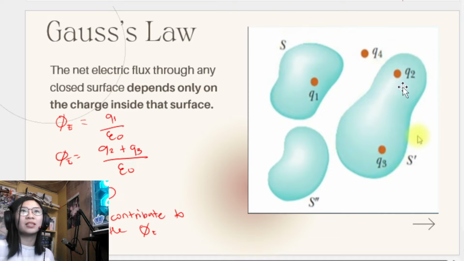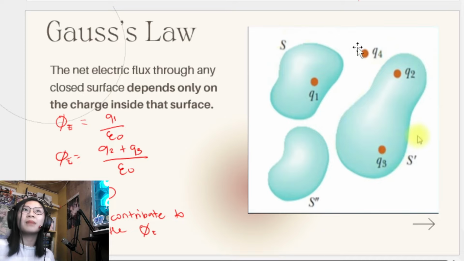Now, how about S2? S2 has two charges, si Q2 ug si Q3. Therefore, to get the electric flux here in S2, you just have to add Q2 and Q3 over epsilon naught. How about S3? S3 has no charge inside it. Therefore, its electric flux is 0.